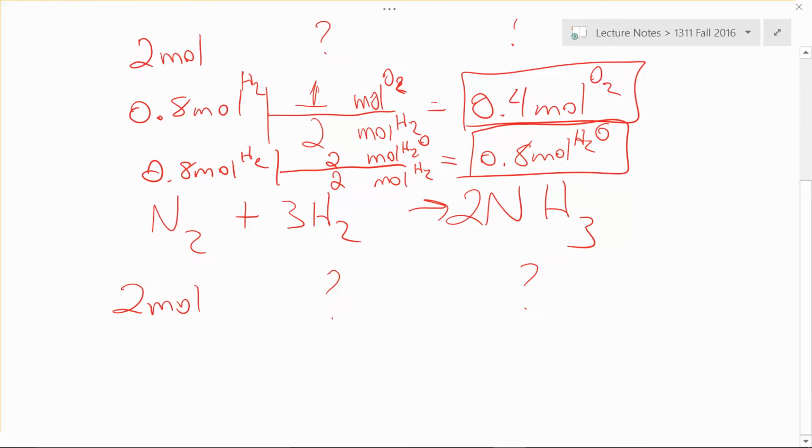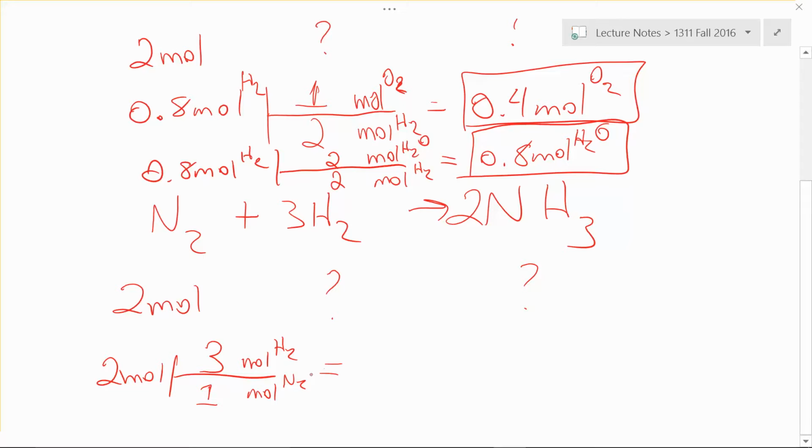Okay, so let's look at this bottom one. 2 moles of N2. Now I want to figure out first how much H2 is going to react with that. So moles of H2 on top, moles of N2 on the bottom. What is the ratio of H2 to N2? 3 H2s for every 1 N2.